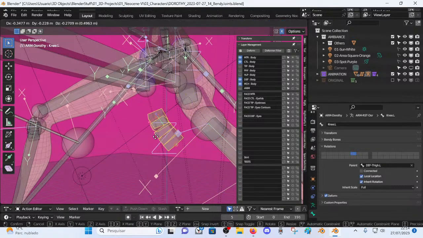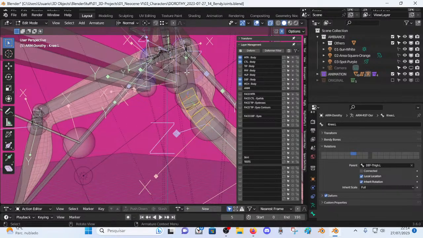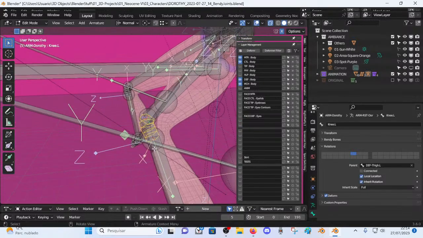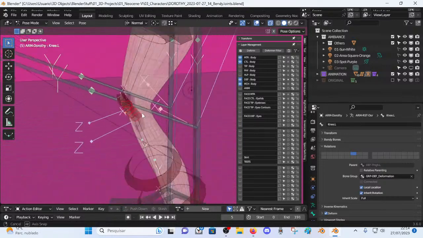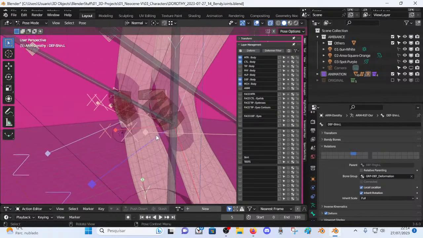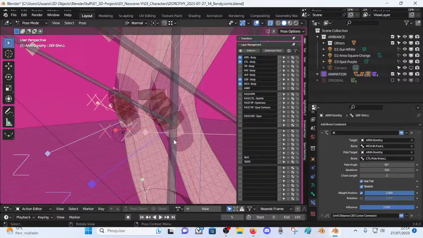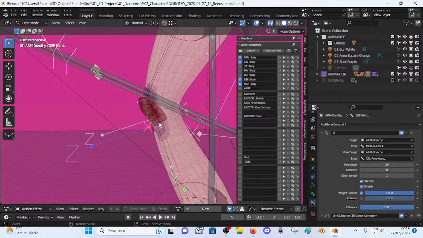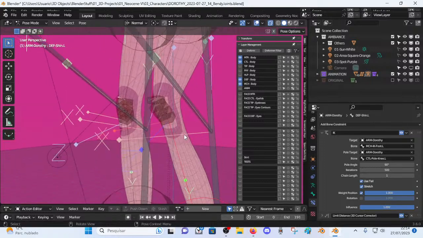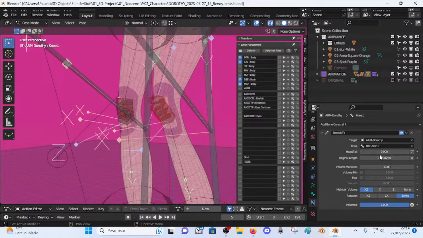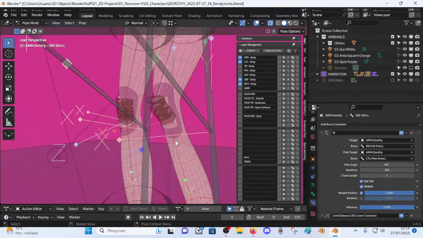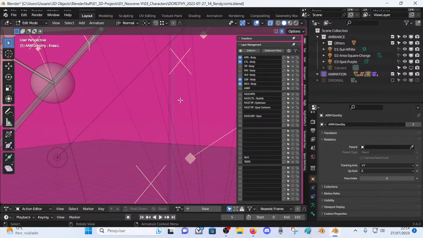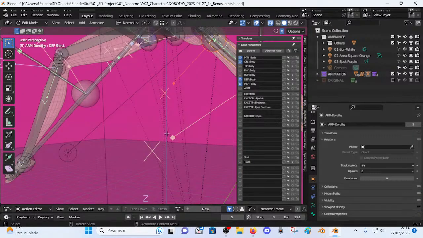In terms of parenting, it's parented offset to the thigh bone, and we can't parent it to here, otherwise it will lose its stretch to bone constraint functionality, at least if we parent the same bone that it is targeting. Wait, it is stretch to here, okay, and of course here it's better to keep it targeting the head of the shin bone. So it's like a split into the hierarchy.